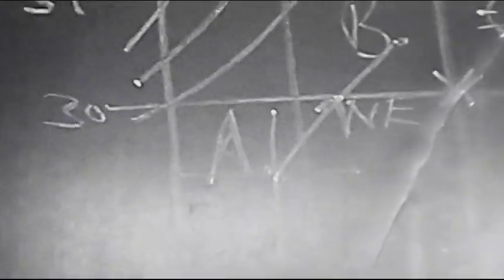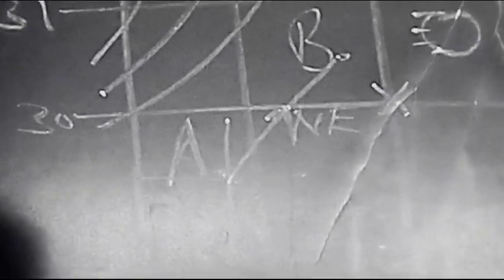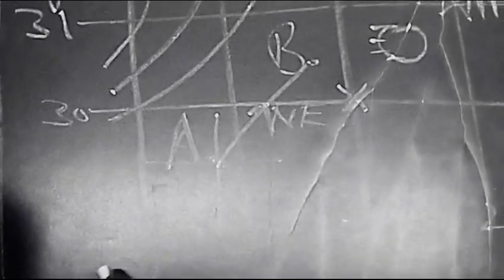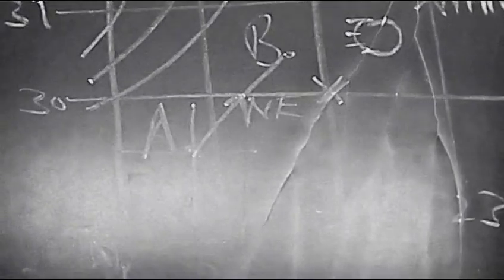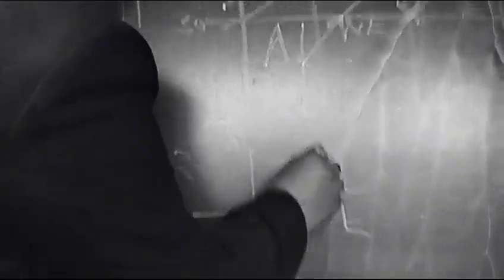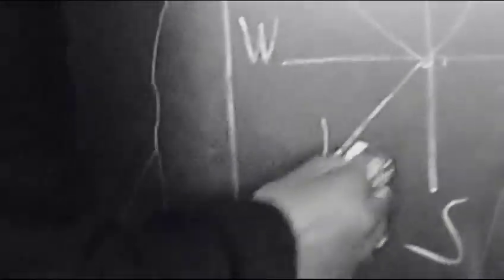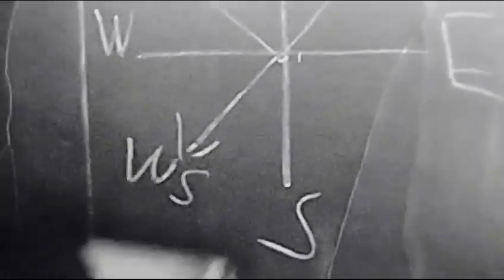See over here, the cardinal directions are east, then on the top it is north, then on the left side it is west, and on the down side it is south. If we divide it in between, the direction becomes northeast. In between north and west, this becomes northwest. In between west and south, this becomes southwest, and in between east and south, this becomes southeast.